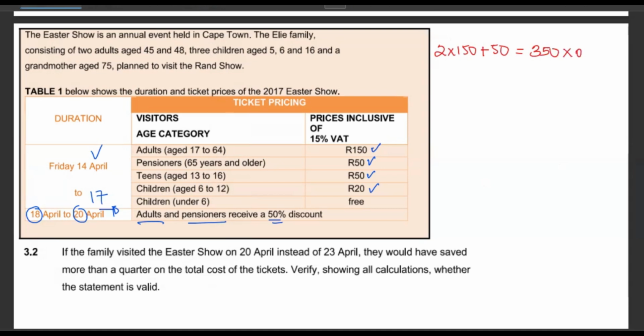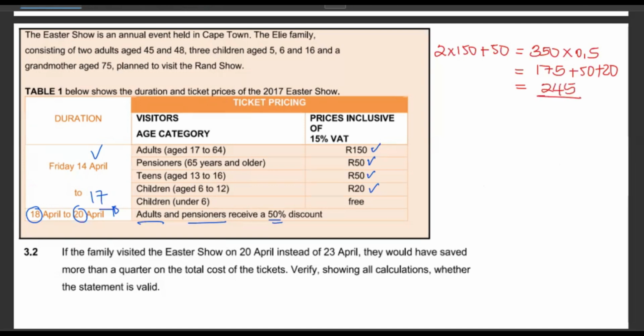We look for 50% of this, which is 350 divided by 2. Then we add on the money for the teenager, we add on the money for the child, which became the same answer, 245.